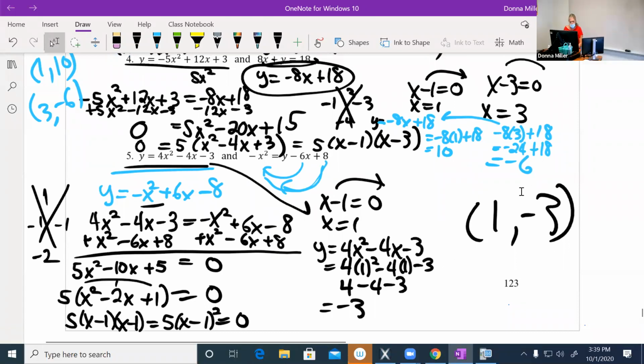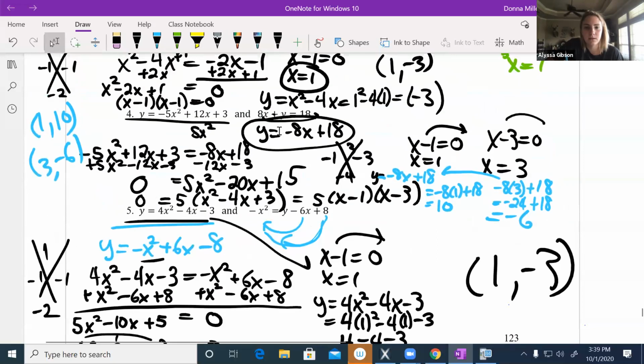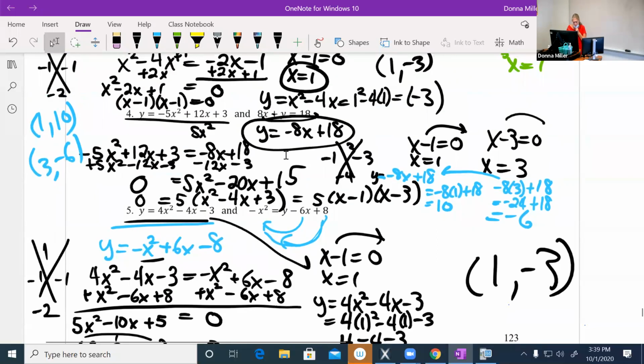For the one above it? Okay, let's make sure I did it right. I got 1 and 10. Oh, 110 is one of those. See how I wrote 110 here? Okay, I'm sorry. Intersection points, so right, it's gonna cross twice, right? Okay. All right, good? Yes.